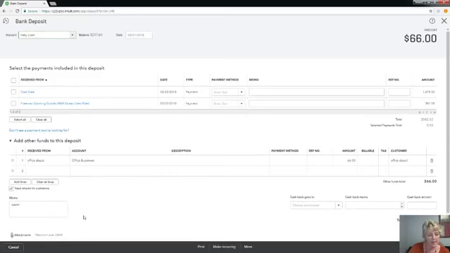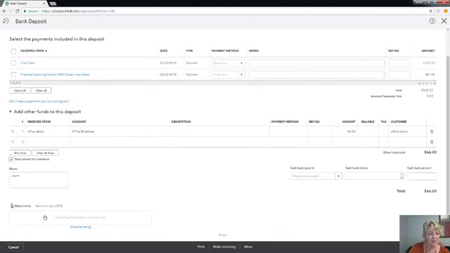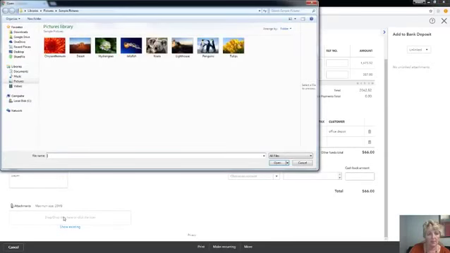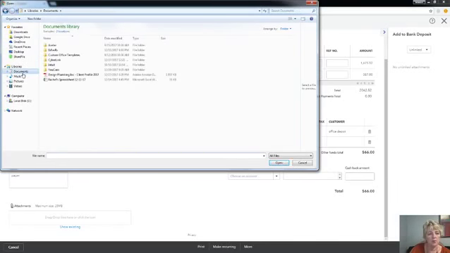And let's go ahead and attach that receipt from Office Depot. I don't think we have anything. No, we don't have anything already. So let's go ahead and find a receipt. We don't have anything on this computer. You've scanned it.